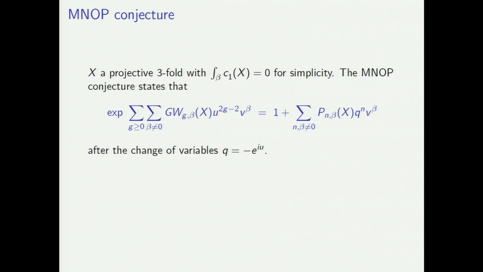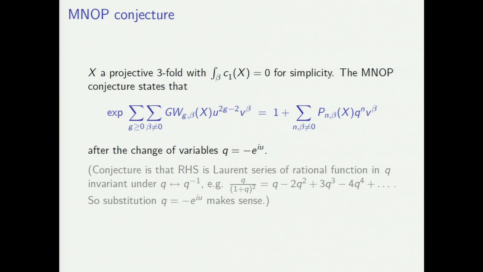And then I'm going to apply the MNOP conjecture. So this is sort of the last step of this. The MNOP conjecture says, suitably modified, the Gromov-Witten theory, exponentiated to make it a disconnected theory, I'm counting disconnected curves, is the stable pair theory after this change of variables. Okay, so you're not supposed to understand that. There's an analytic continuation going on.